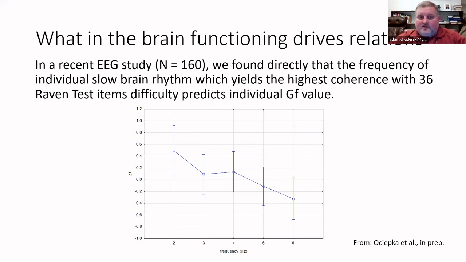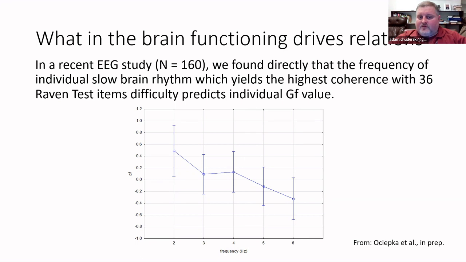And you can see the relationship between the frequencies found for a number of people and their fluid intelligence factor calculated, again, out of a number of tasks. So, of course, it is not a precise statement, but people whose brains solved the Raven test at 2 Hz scored around 0.5 standard deviation above the average result.